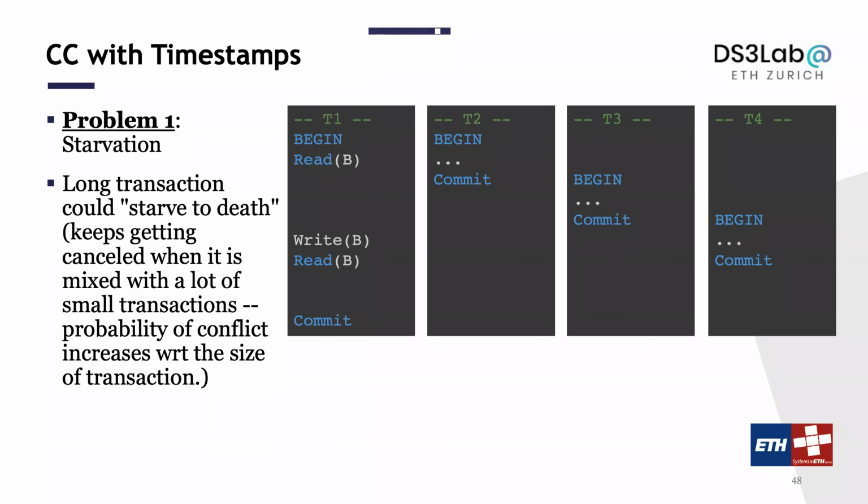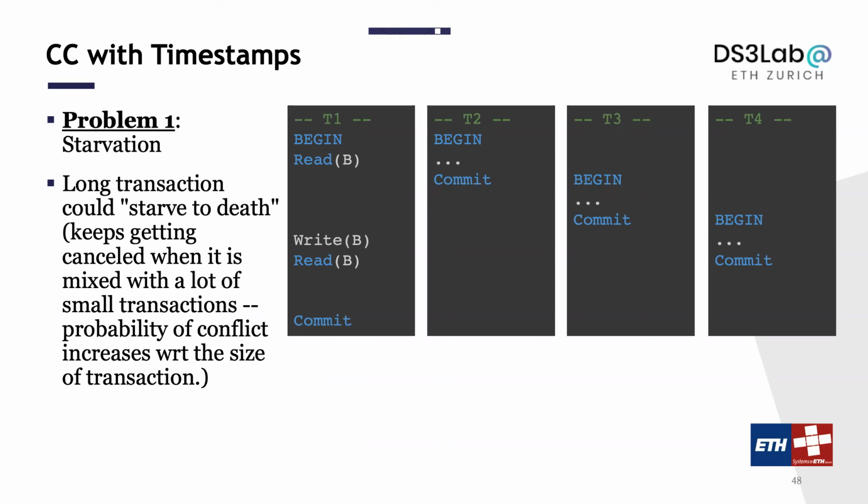Whenever I want to run it, some future transaction accesses my result, so I need to roll back. Then I restart, I run for a while, another small transaction comes in and screws it up, and I need to roll back again. I submit T1, but it never gets finished. That could happen if you are doing concurrency control with timestamps.